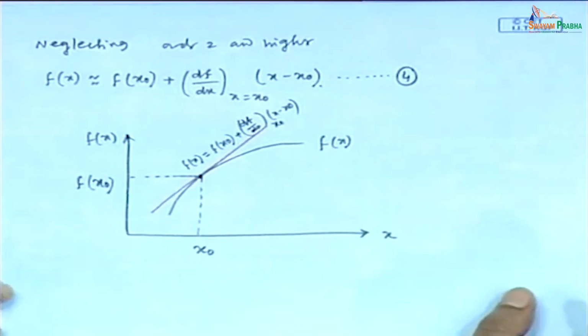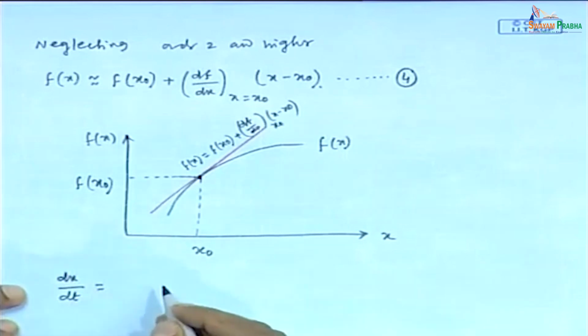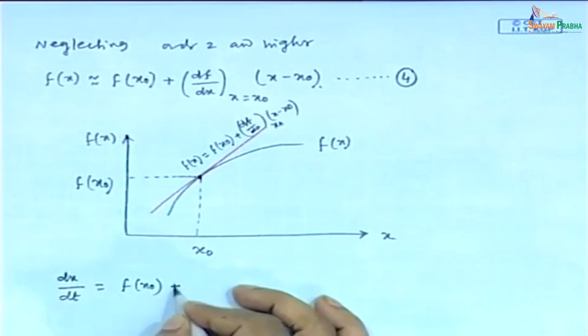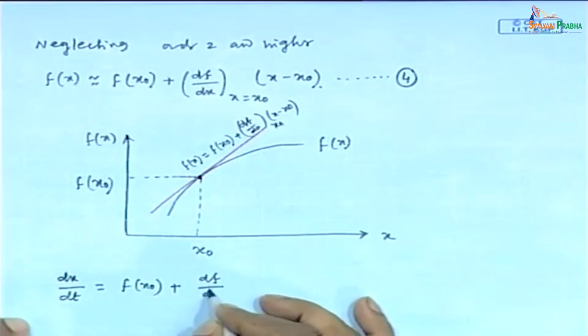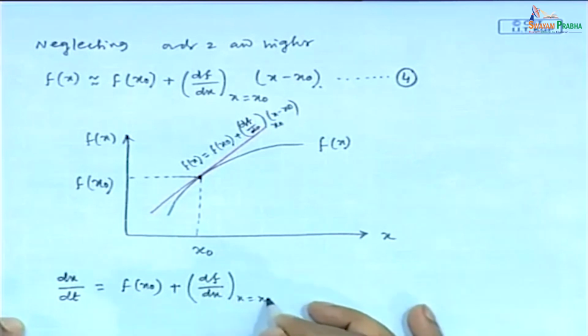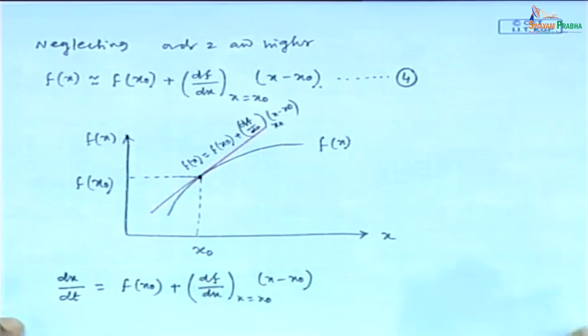Now, we can write equation 4 this way also: dx dt equals to f x naught plus df dx at x equals to x naught times x minus x naught, because f x equals to dx dt, that is our equation number 2.